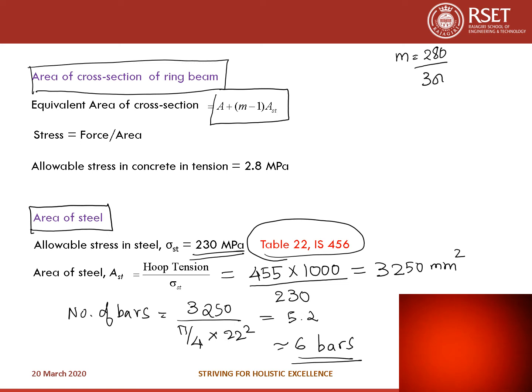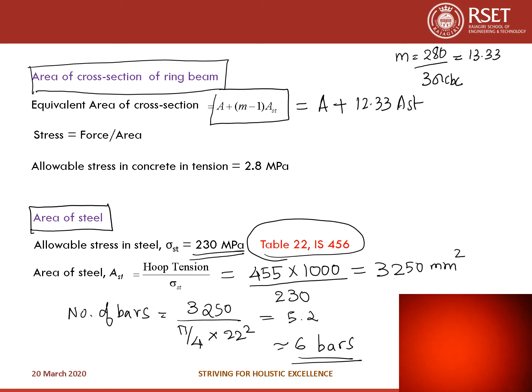We calculated 280 by 3 sigma CBC, and that value we already got in the last problem as 13.33. So the equivalent area will be A plus 12.33 into ASD.